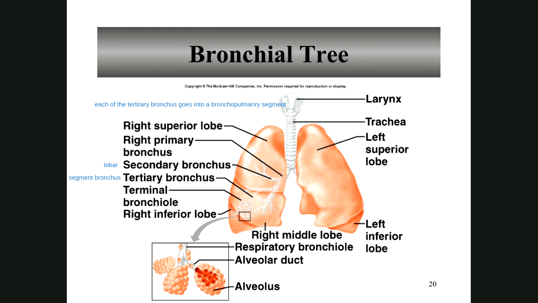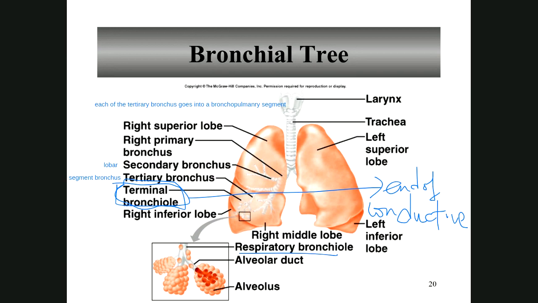And then further branching goes into the terminal bronchiole. The question is, where does it begin and where does it end? The terminal bronchiole is the end of the conduction division. And where does the respiratory division begin? The respiratory division begins at the respiratory bronchiole that you see here.